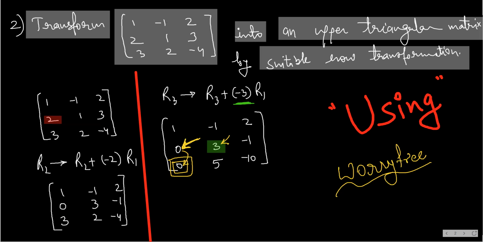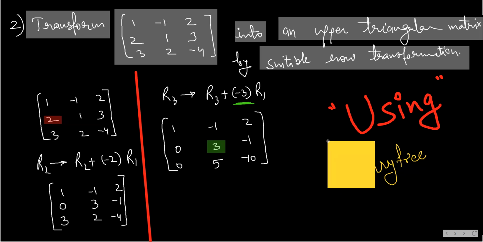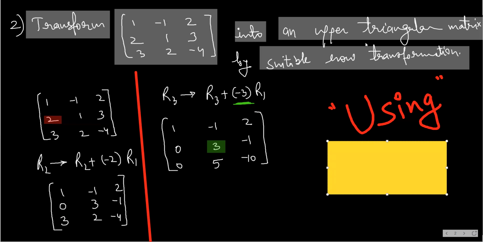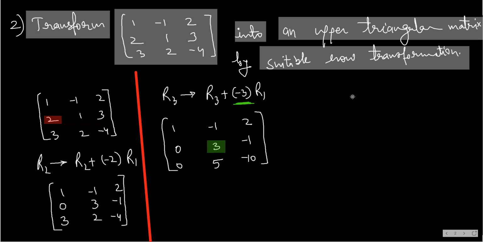So let us do this. See what I do here. I will make this 3 1 first of all. So here I write R2 changes to 1 upon 3 R2.